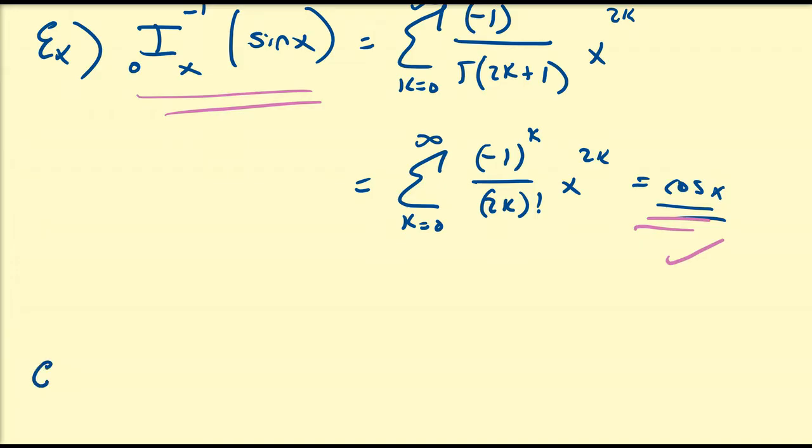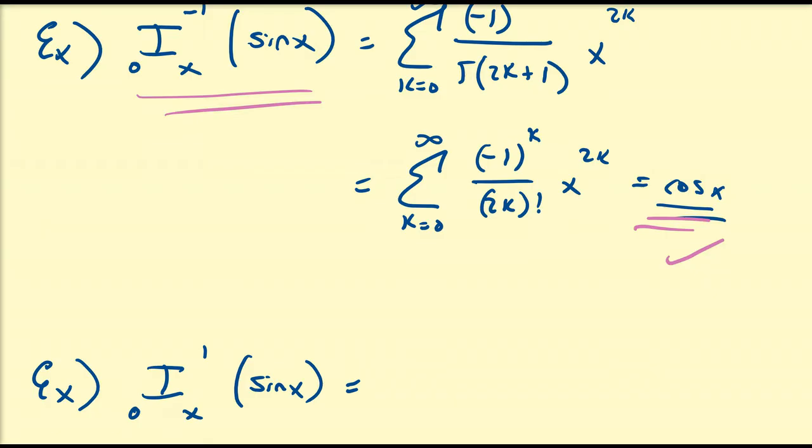So let's work in the opposite direction. Now we're going to consider the Riemann-Liouville fractional integral of order +1 of sine. This should answer the question: the derivative of what is equal to sine, or the first integral of sine.